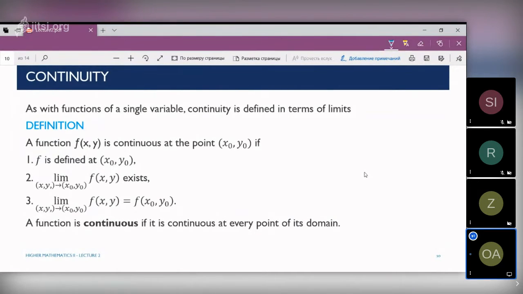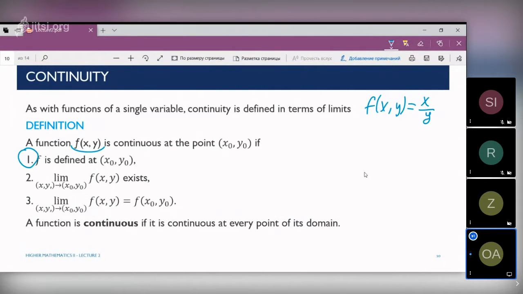The definition says the function f of (x, y) is continuous at the point (x0, y0) if, first one, f is defined at (x0, y0). For example, f of (x, y) equals x over y.